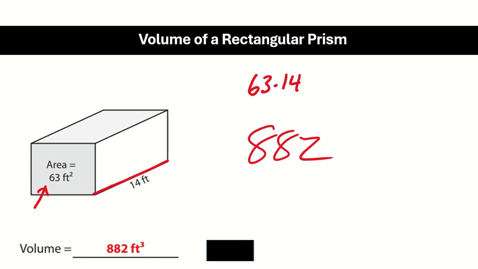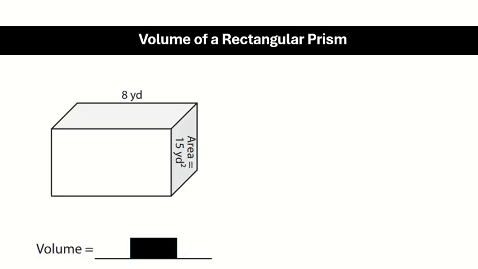Once again, let's just drive this point home. If we're given an area as part of the information we're given, in this case, the face is 15 yards squared, we can actually take that area and multiply it by, in this case, the length, 8 yards, and we should get our volume. So 15 times 8 gives us 120.